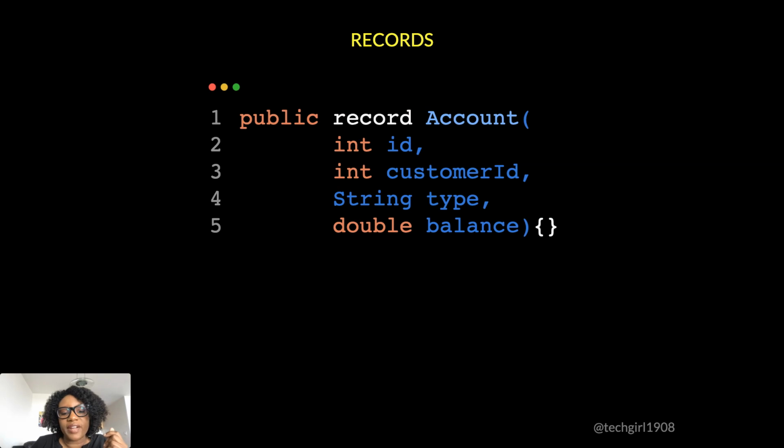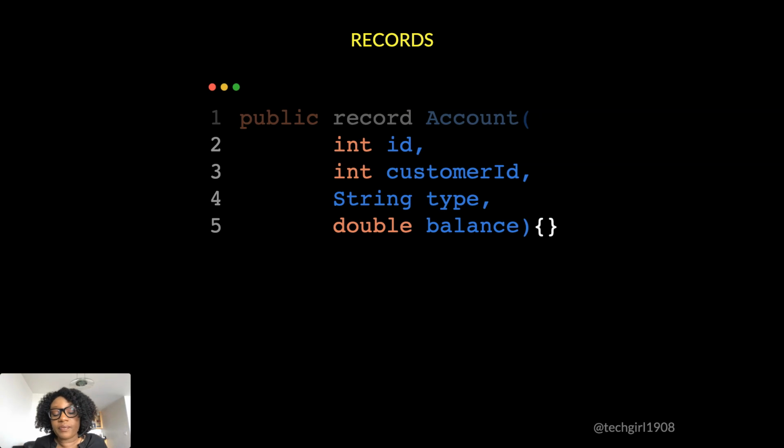Much, much shorter, right? Notice here, instead of using the word class, we use the word record. Also, as opposed to opening this with a curly brace, we use parentheses to declare the fields. You specify the fields and their data types in this comma delimited list, and then you close it with a closing paren and a set of curly braces.